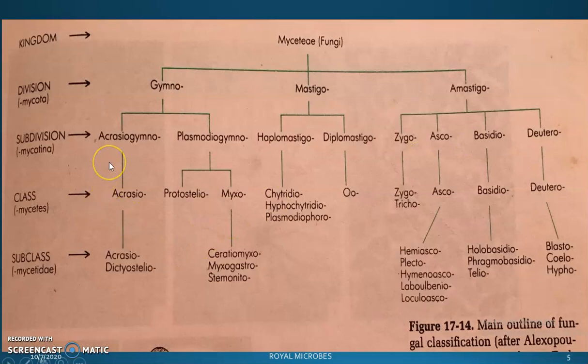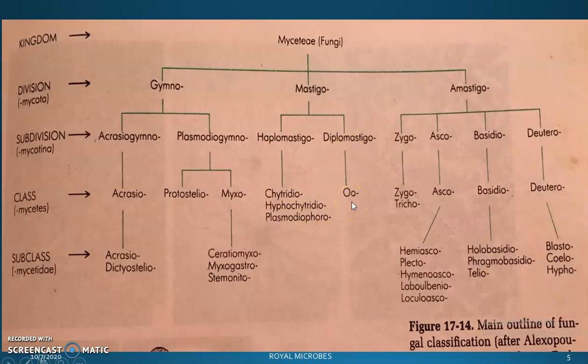Later on, it is again subdivided into classes ending in mycetes. The only class present in Acrasiogymnomycotina is Acrasiomycetes. In the case of Plasmodiogymnomycotina, we can see two classes, Protosteliomycetes and Myxomycetes. In Haplomastigomycotina, we can see three classes: Chytridiomycetes, Hypochytridiomycetes and Plasmodiophoromycetes.